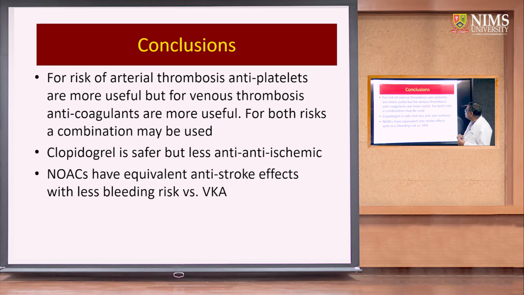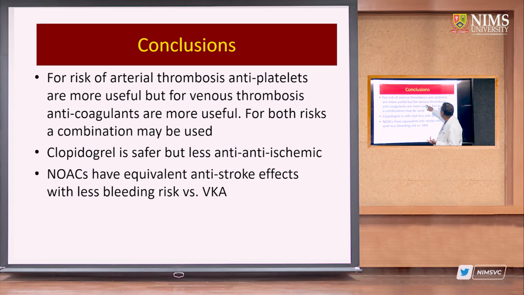So I would conclude that for risk of arterial thrombosis, antiplatelets are more useful. But when venous thrombosis is a problem, then anticoagulants are more useful. And antiplatelets are aspirin, clopidogrel, ticagrelor and prasugrel, in this increasing order of anti-ischemic efficacy.